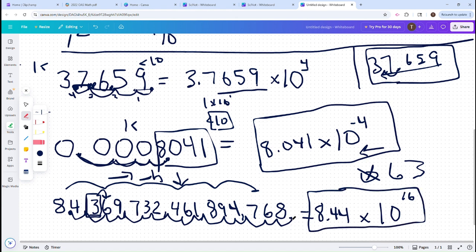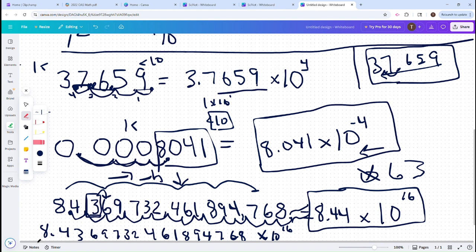Now, these are kind of equal. I'm going to do the wavy equal sign. I just want to put all that. Would you have to put 8.43697324618944768 times 10 to the 16th power? I never want to sell you all short here. That's what it is.